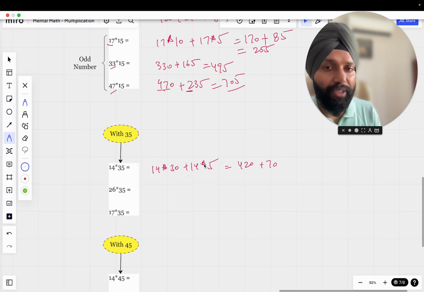So 5 is just 10 by 2, so it becomes 14 by 2 into 10, 70. So this is 490. So 26 into 35 is 26 into 30 plus 26 into 5. So 26 into 30 is 780, right? 26 into 5 is 130.